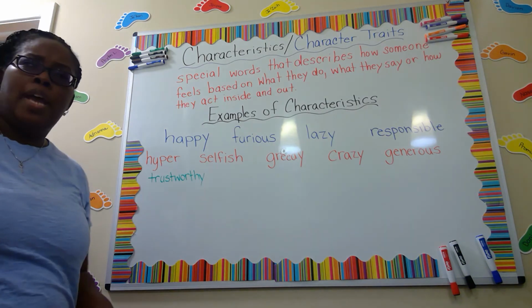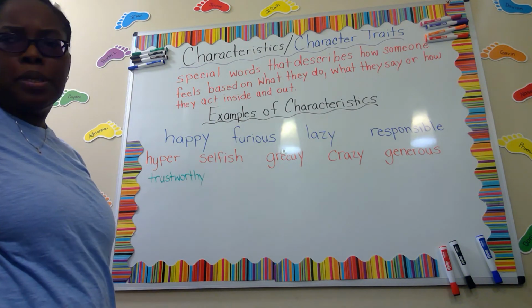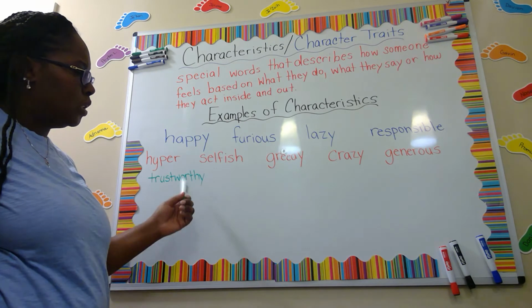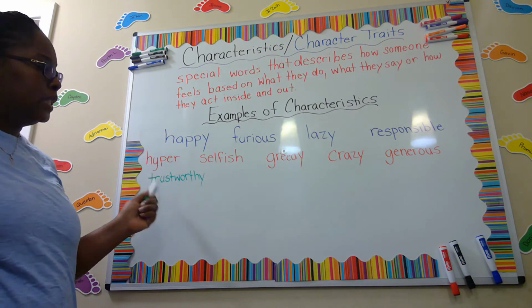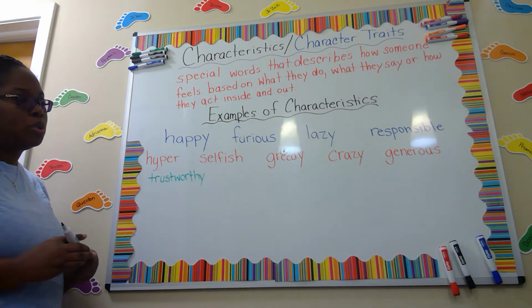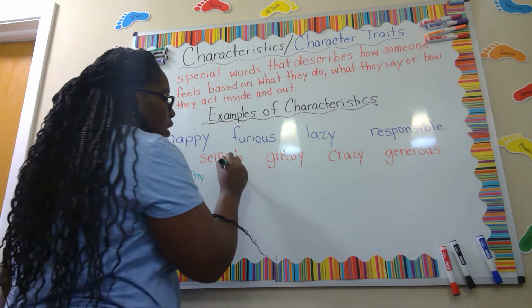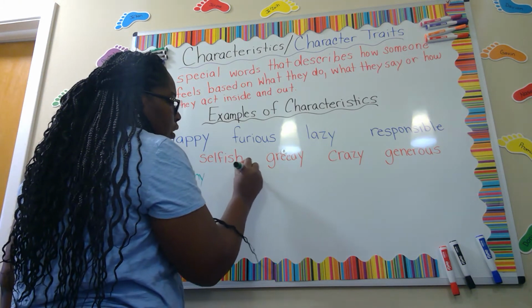Trustworthy. Meaning I can count on you. You always tell me the truth, okay? You won't tell me a story. And with that being said, another word that we can put with trustworthy could be honest.